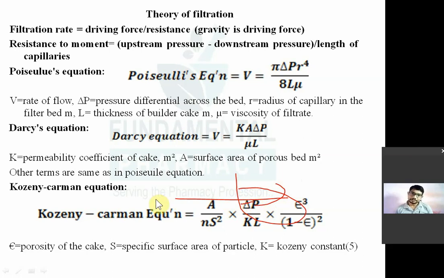तो उसमें फिल्टर मीडिया का रोल क्या है? सो फिल्टर मीडिया इज नथिंग बट द, it is providing the mechanical support as well as it is providing the capillary to filter, okay?